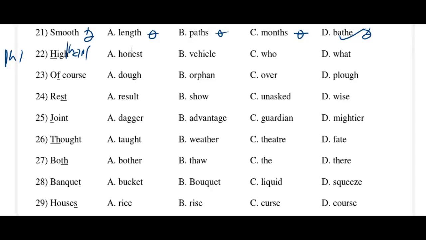Now this is honest, like I have transcribed earlier. Honest, it does not have H in the pronunciation. This is vehicle. It does not have H in the pronunciation. This is who. It has H in the pronunciation. And this is what. It has W, O, and T, what. So the answer to this question is C, who.